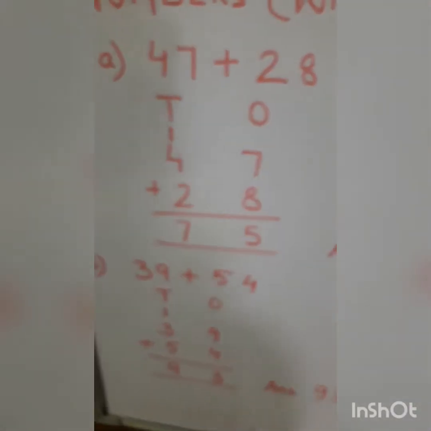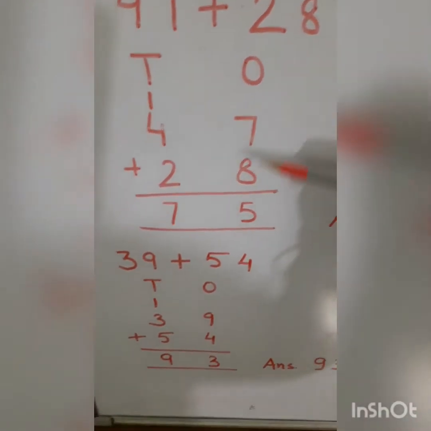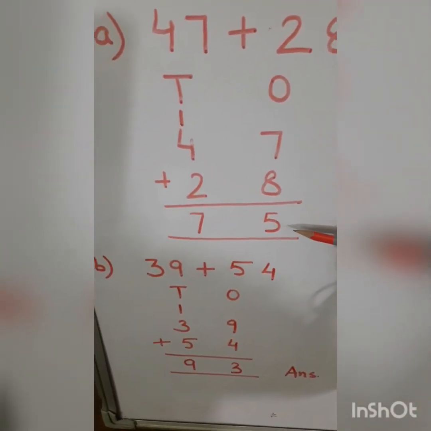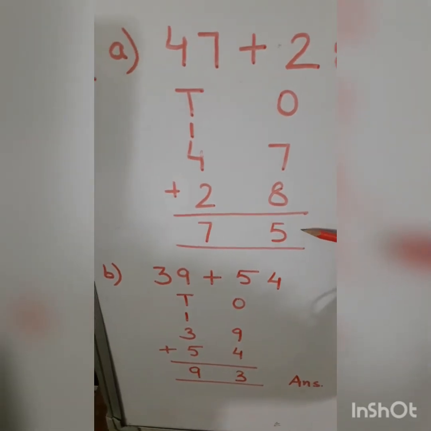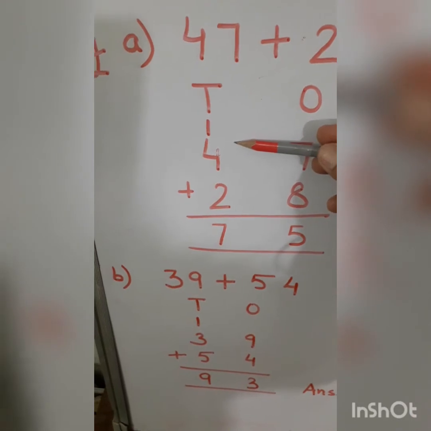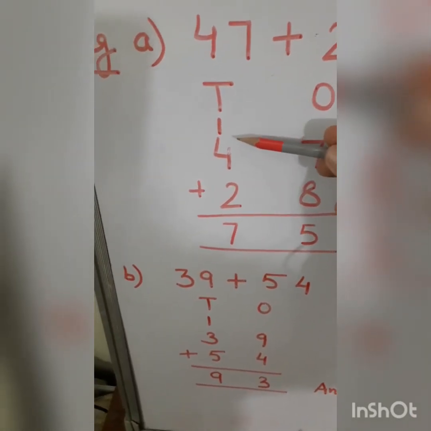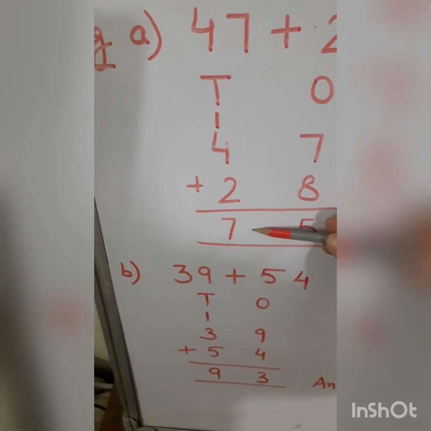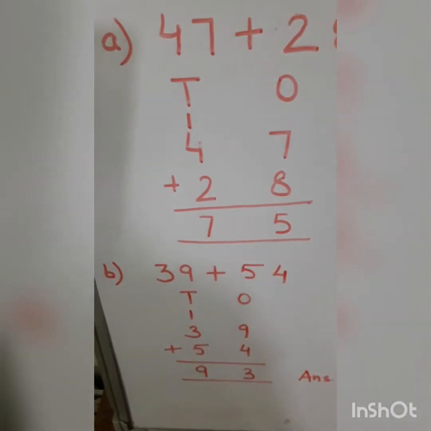We always start adding from the ones place. So here we add 7 and 8. The answer of 7 and 8 is 15. Now 15 cannot be written into the ones place column. So 1 goes as carryover into the tens place. Now the tens place becomes 1 plus 4 plus 2, which gives us 7. So the answer is 75.